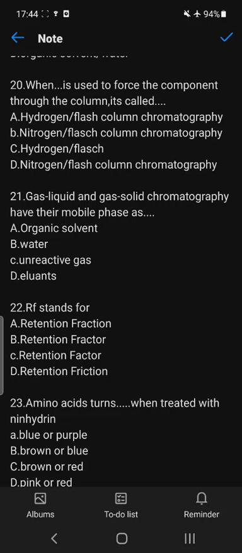Please note that gas solid chromatography is also called vapor phase chromatography. Are we listening to that? Please take note of it.